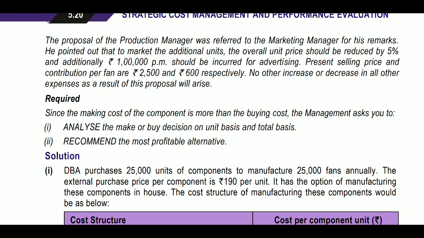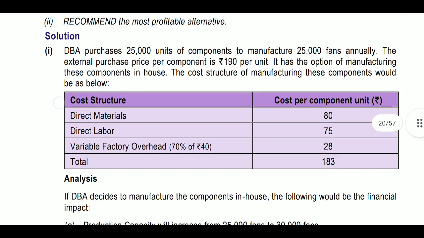For the purpose of this, DBA purchases 25,000 units of the manufactured component, so we will sell 25,000 fans annually. The external purchase price of the component is 190 rupees. There is the option of manufacturing this component in house.